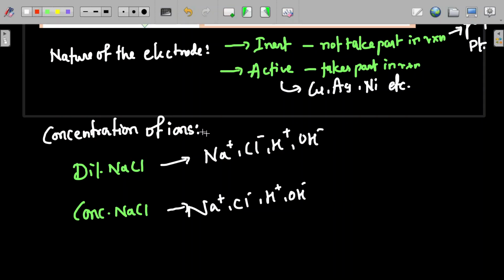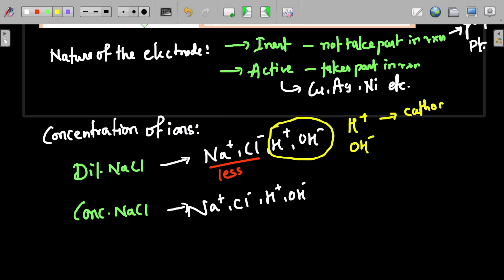But in case of dilute, Na and Cl will be in less number because it is a diluted state. Solute particles will be less, solvent particles will be more. Solvent is water, so these particles will be more. So H plus and OH minus will go towards the respective electrodes. H plus will go towards cathode and get discharged as hydrogen, and OH minus will go towards the anode and get discharged as oxygen. So basically, electrolysis of dilute NaCl gives hydrogen and oxygen only. It is simply the electrolysis of water.